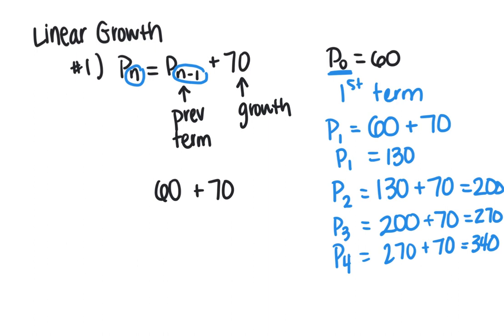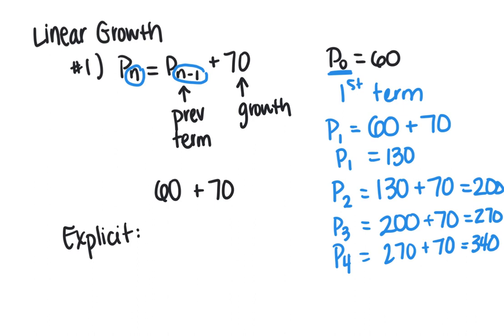So our recursive functions are taking one term and getting the next one by doing the same operation. So, this term, add something to get the next term, and then add that same thing to get the next term, and keep adding and keep adding. But we can also write what's called the explicit form.